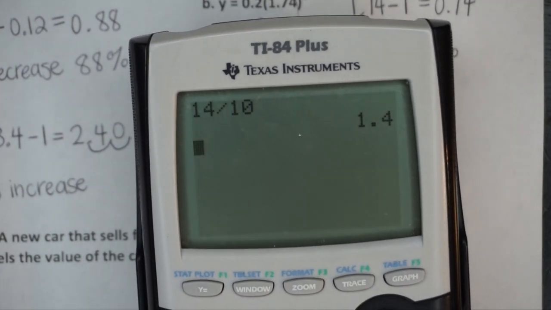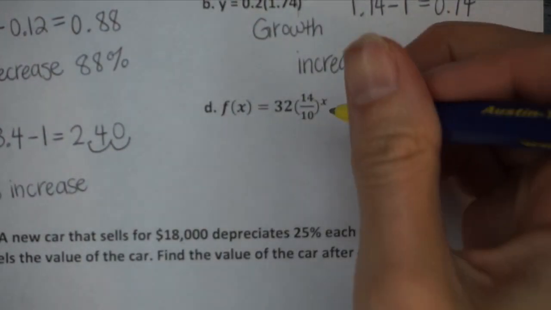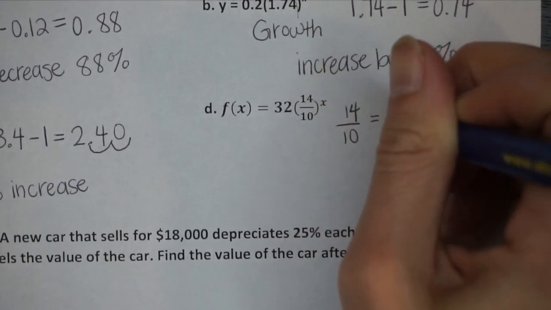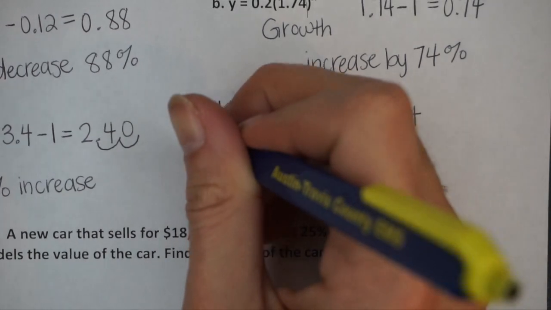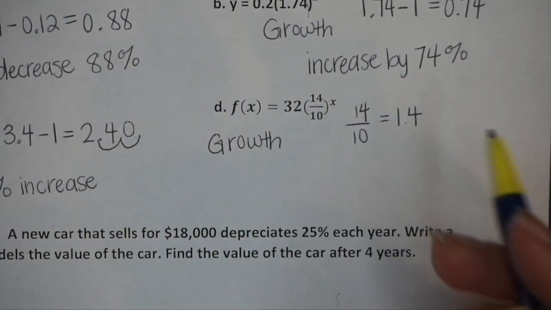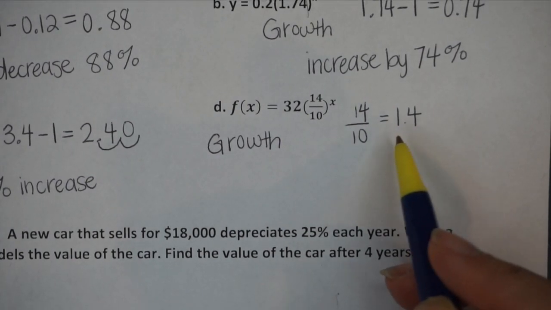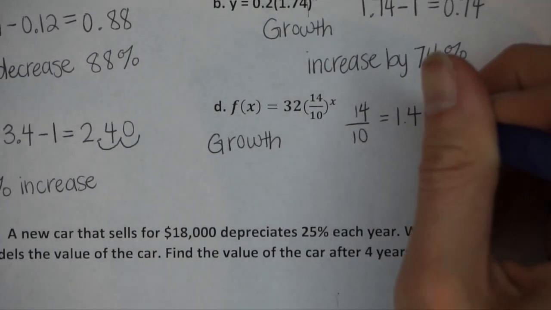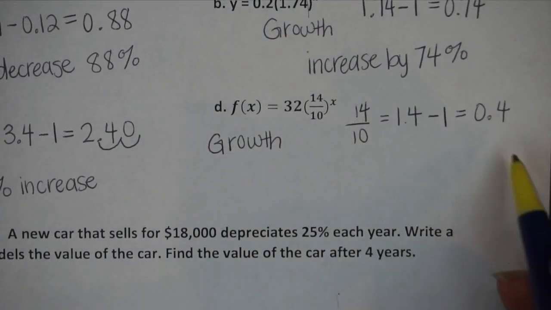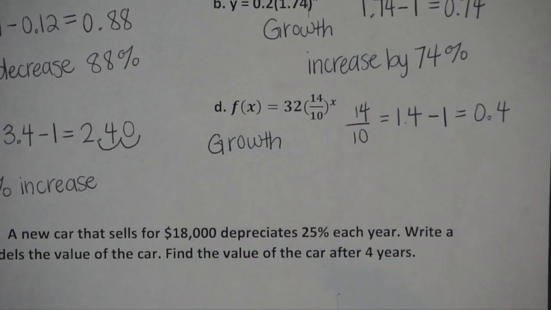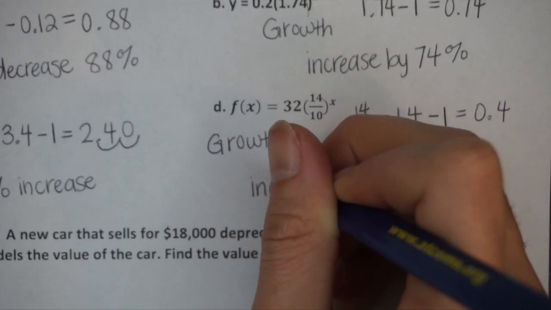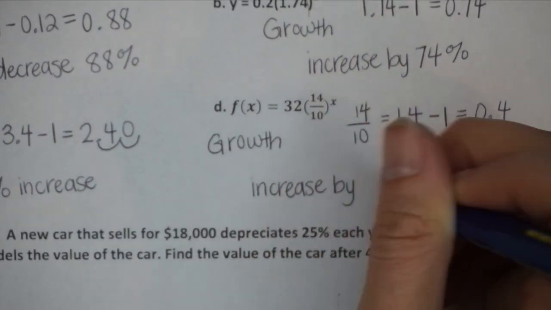Sorry, you couldn't see it. 1.4. So that obviously is going to be another example of growth. It's greater than 1. To see how big of a percentage of growth that is, do the growth factor minus 1, which equals 0.4. If that was a percentage, move the decimal 2 spots to the right, which means that this is increasing by 40%.